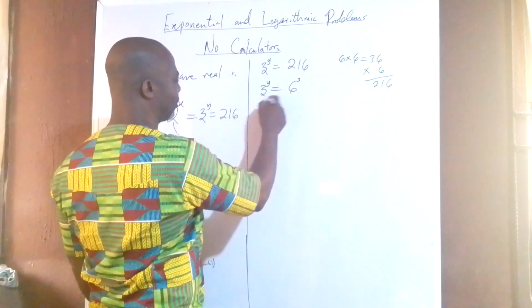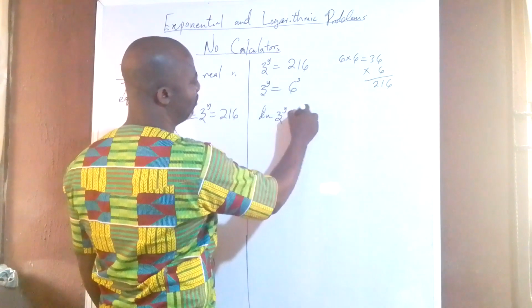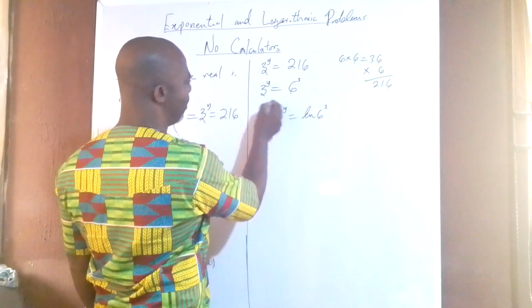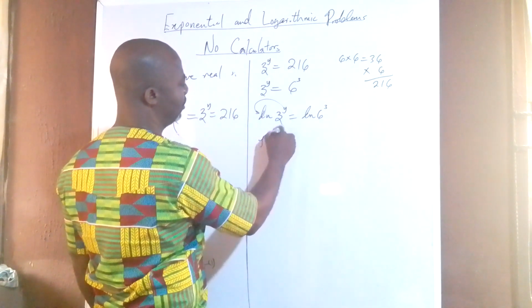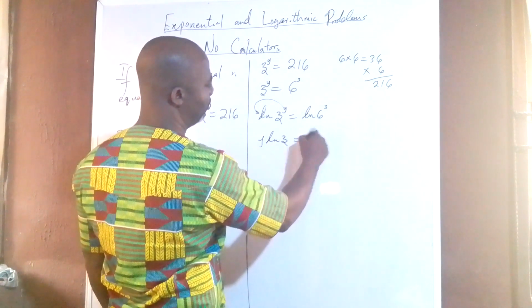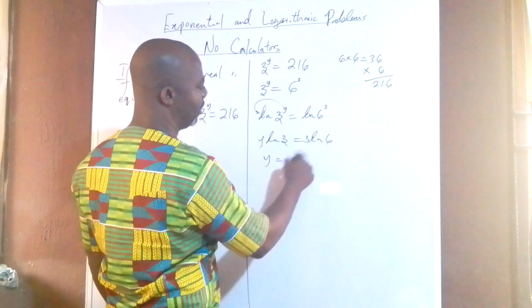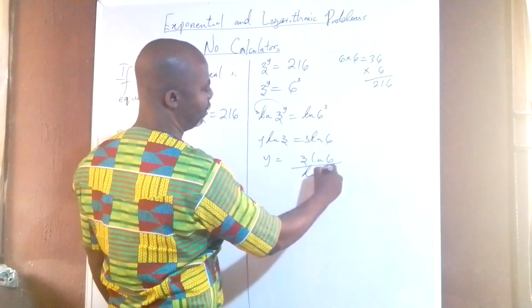And so if we take the natural log, it's going to be ln of 3 to the power of y equal to ln of 6 to the power of 3. As usual, this y becomes the coefficient of the natural log. So you have y ln 3 equal to 3 ln 6. So y will give 3 ln 6 all over ln 3.